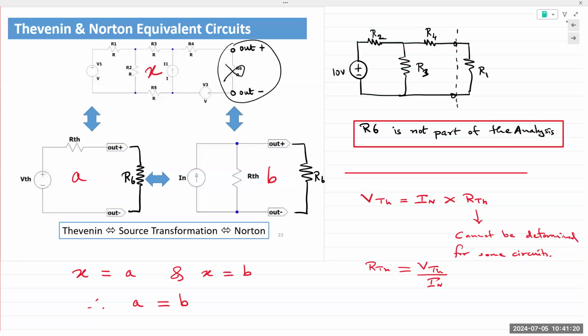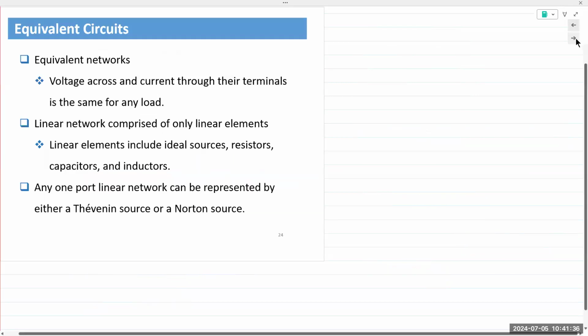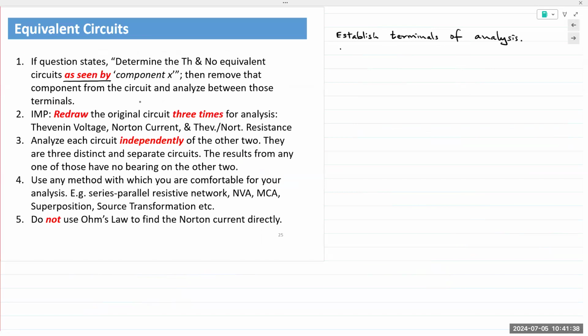I have to remove myself from the count. Does that make sense? So if the question states, determine the Thevenin or Norton circuit as seen by a particular component, then that component is no longer part of your analysis. You remove it, and then you analyze the rest of the circuit between those open terminals.